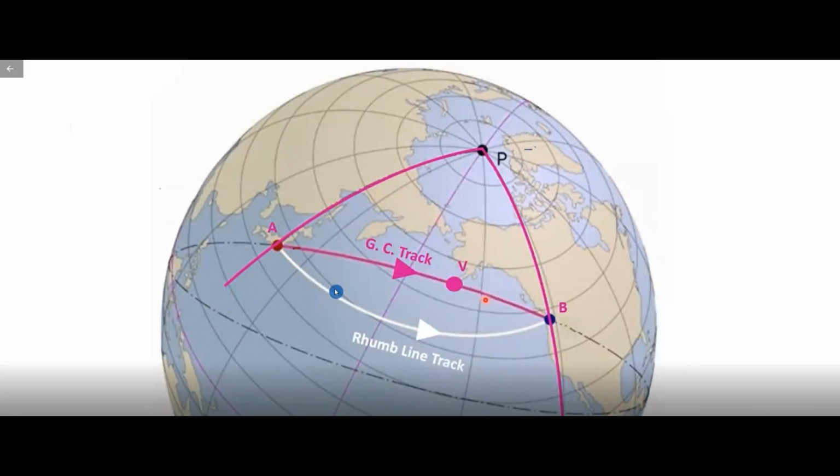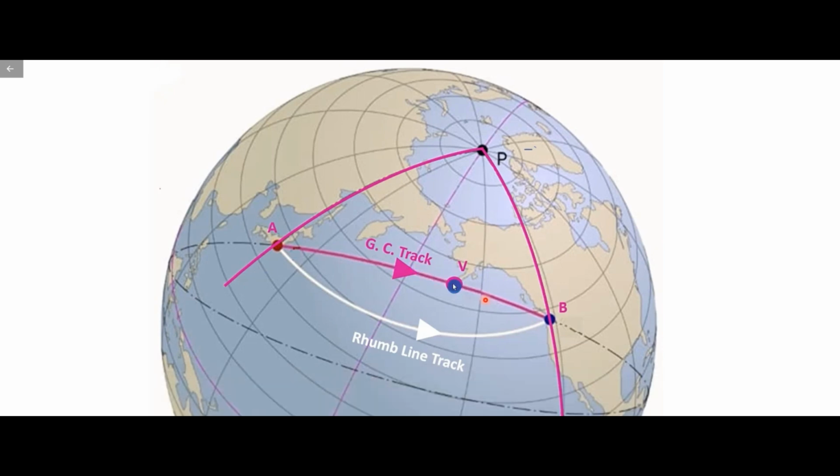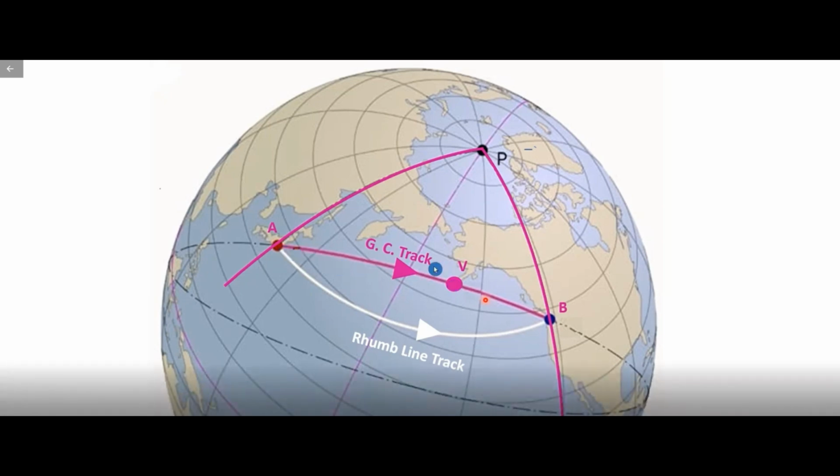So you can see this rhumb line track also, beta. The rhumb line track is a longer distance, but the advantage is that you see rhumb line track is going much down south. The highest latitude you are going to attain on a rhumb line track is the latitude of B, no more than that. But if you follow a great circle track, the latitude will be much higher than the latitude of both the positions A and B. So this is the advantage and disadvantage of the great circle track compared with the rhumb line track.